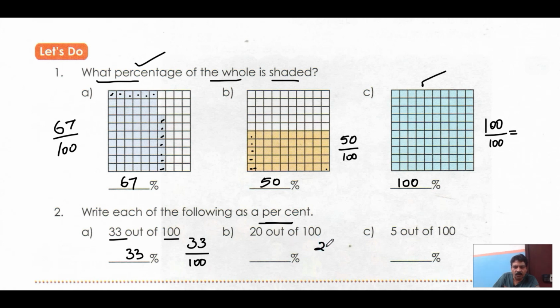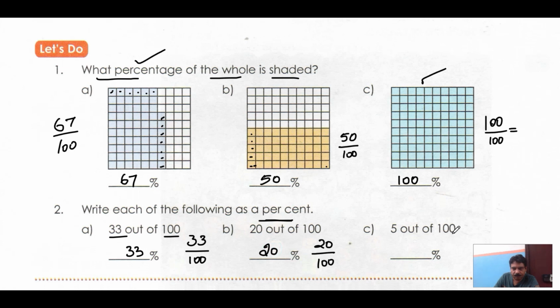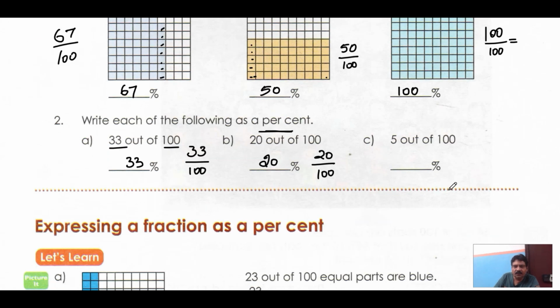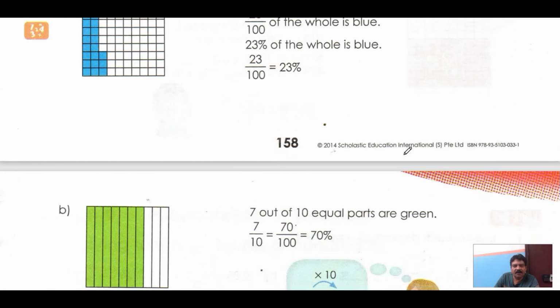As I told you, 20 out of 100 is equal to 20%. So this is your 20%. Now if you come to this one, 5 out of 100. Anything out of 100 is called percent. What is anything here? 5. Therefore it is 5%. Let's come back to the next one.